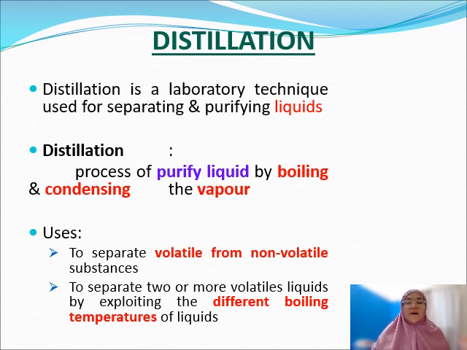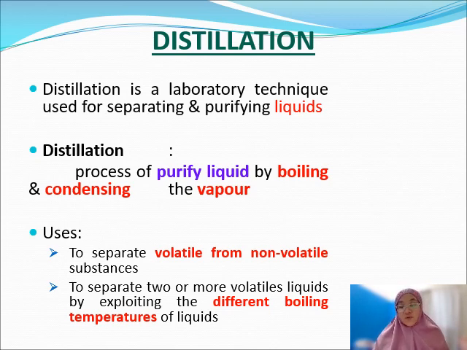The important use of this technique is to separate the volatile and the non-volatile substances, and to separate two or more volatile liquids by exploiting their different boiling temperatures. So we expect that the volatile one will be vaporized first, by understanding the boiling temperature of the liquids.